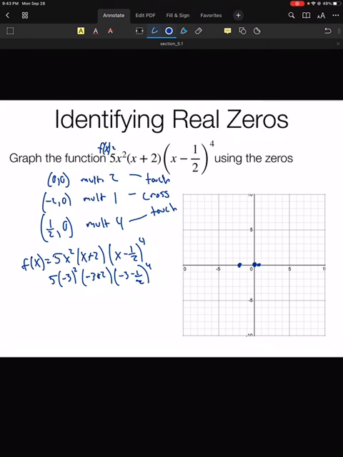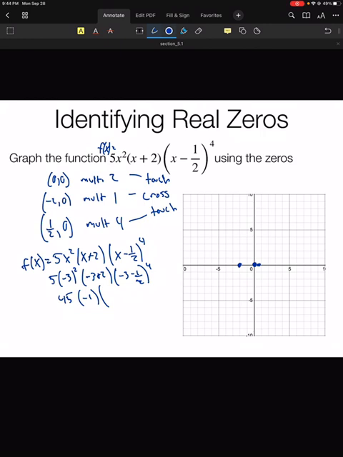Negative 3 squared is 9, and 9 times 5 is 45. Negative 3 plus 2 is negative 1, and negative 3 minus a half is negative 3.5.